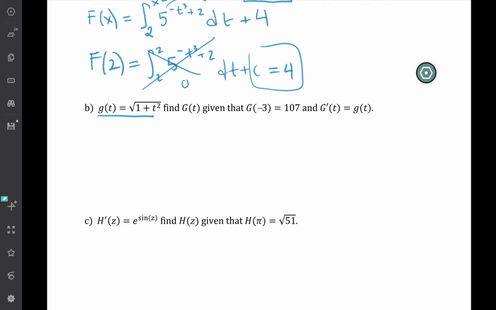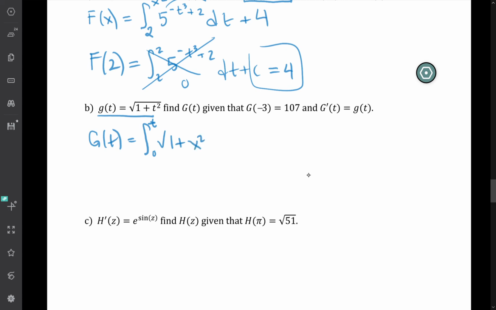So I am going to say my big G is going to be the integral from 0 to t of the square root of 1 plus, and here's where the variable changes. I'm being kind of deliberate about this. This asks for a G of t, so I know I want this variable to end up being t, which means it's this inner variable that has to change.